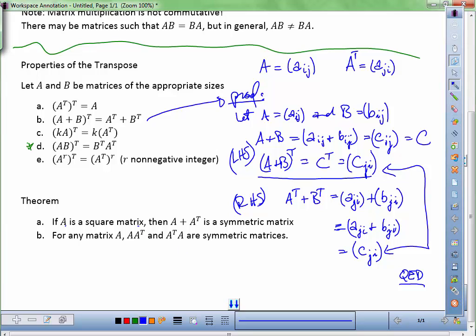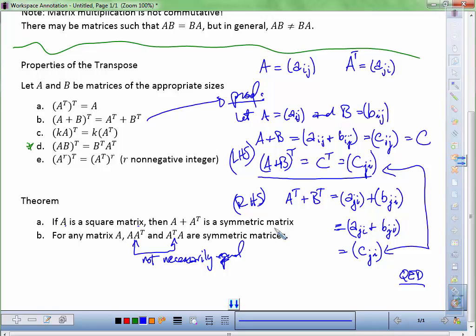You can't assume that they're equal to each other because remember that matrix multiplication is not commutative. But what you can say is that they are actually symmetric matrices. Remember what symmetric was? Across the diagonal.